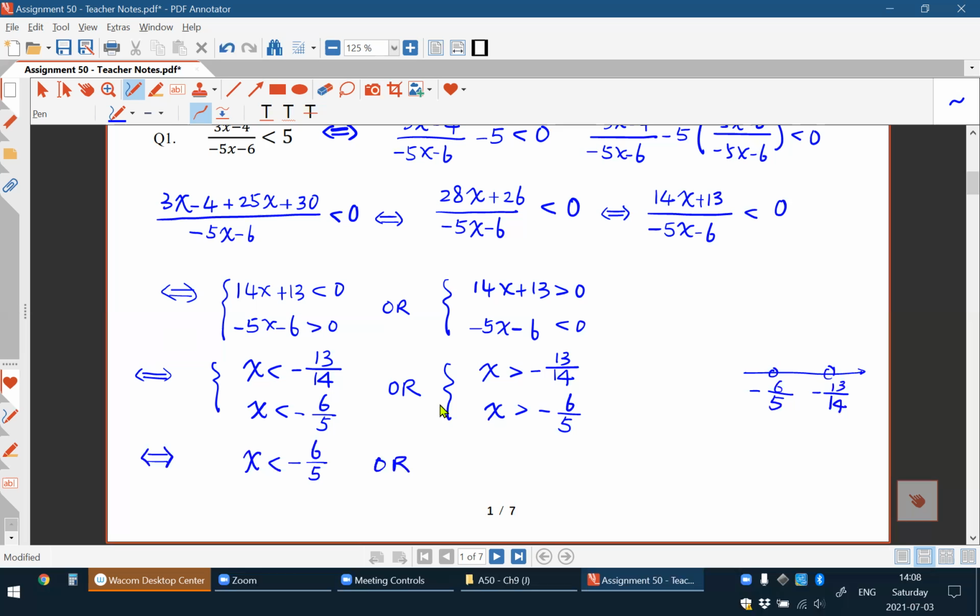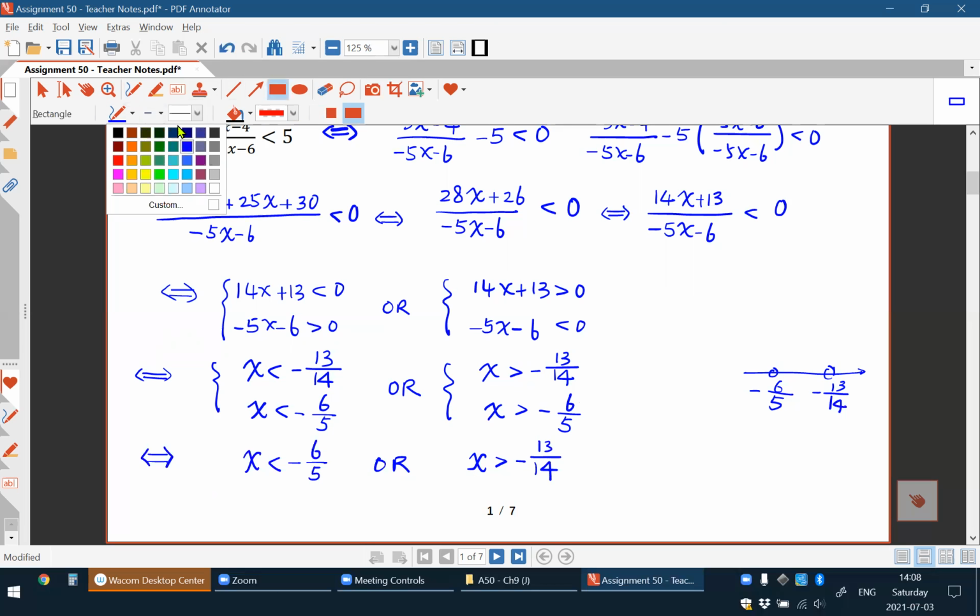Or if you have x larger than two numbers, the final solution is x should be larger than the larger number, right? So the second solution is x can be larger than minus 13 over 14, right? So our final solution is here. This is our final solution.